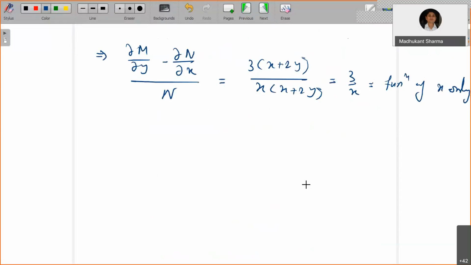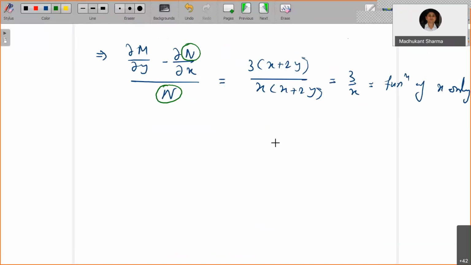Another way to see this is whether you have to take dou N by dou x minus dou M by dou y, or dou M by dou y minus dou N by dou x. Whatever is in the denominator will be sitting after the minus sign.